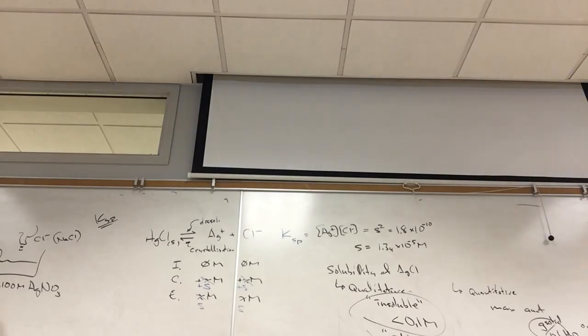So the question is, how much chloride must be added to precipitate all the silver ions? So, well, if I add 0.100 molar chloride, will that do it?